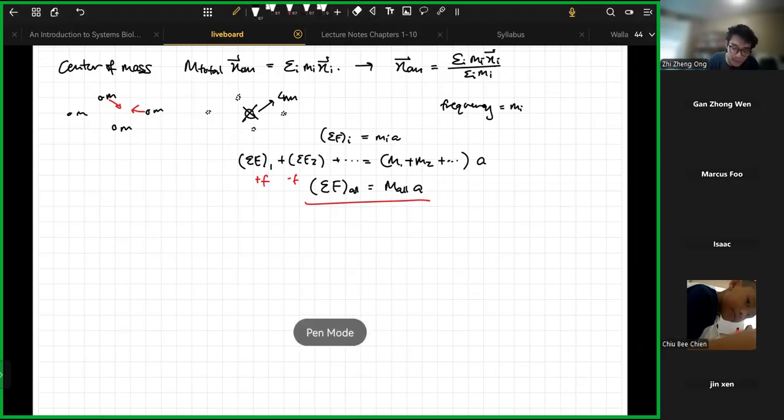Suppose you have a person on a boat, on one end.